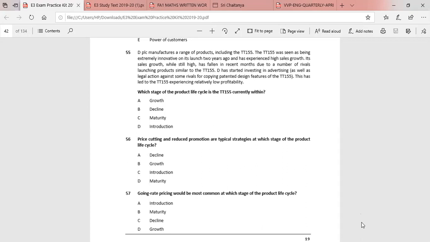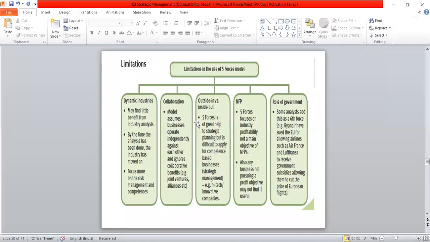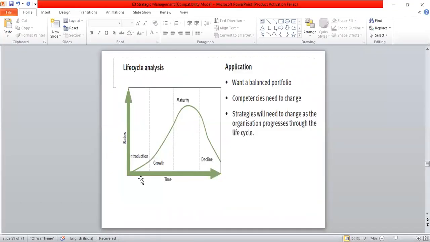What did we understand about the life cycle? During the introduction phase, only they are there with their new product introduced into the market. The risk is still very high because there is no assurance that the product will be accepted by the customer.